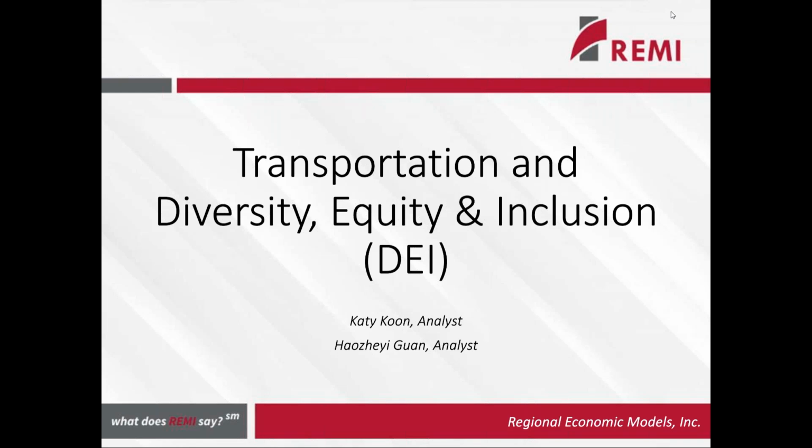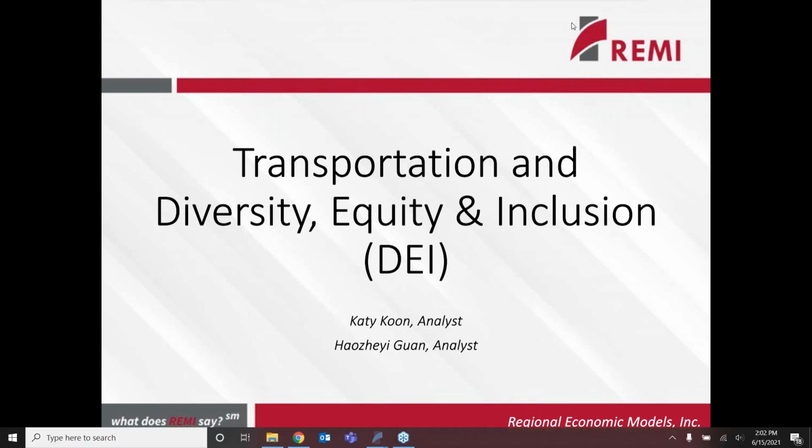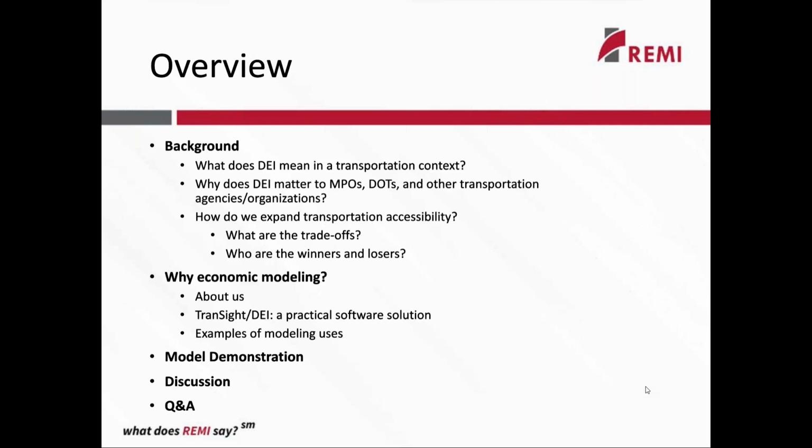It looks like we have a fair number of people here already, so we can go ahead and get started with this presentation. So just jumping into an overview of what we'll be covering today. First of all, we'll tee up the presentation with some background to specifically outline what DEI means in a transportation context.